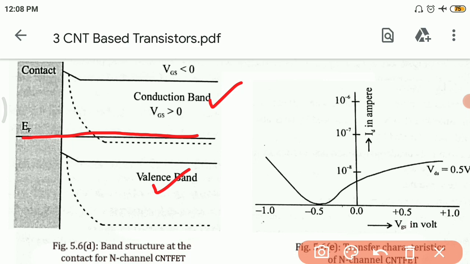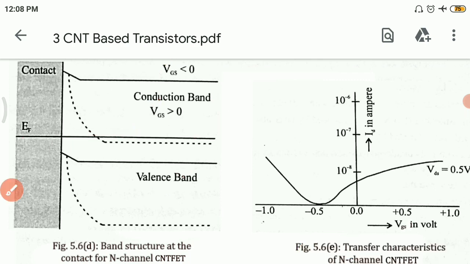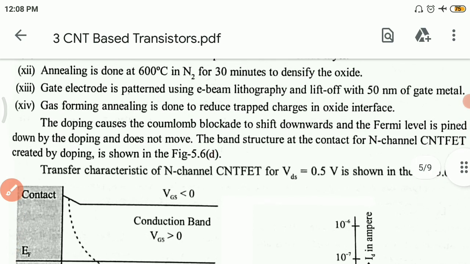When the gate to source voltage is negative, you can see the drain current will flow, and this drain current will increase rapidly when the gate to source voltage becomes positive, right? Now this was the first process, which is called annealing.